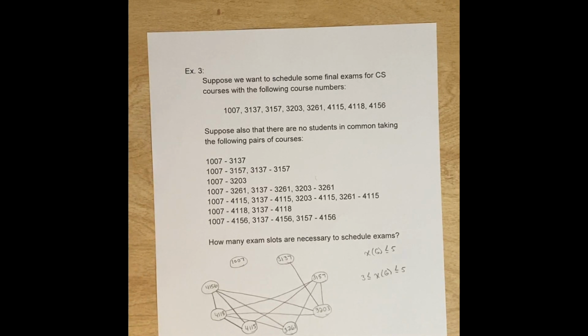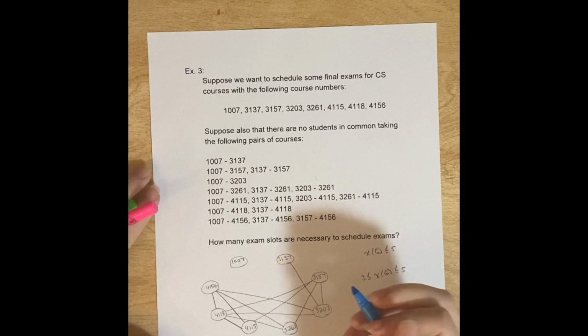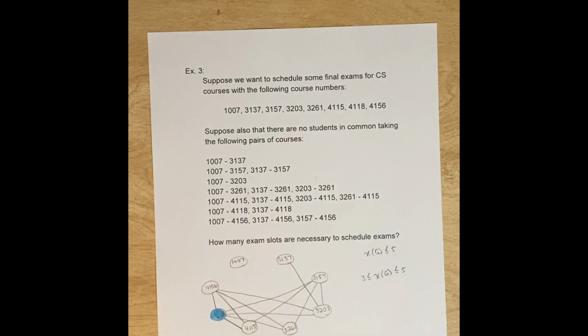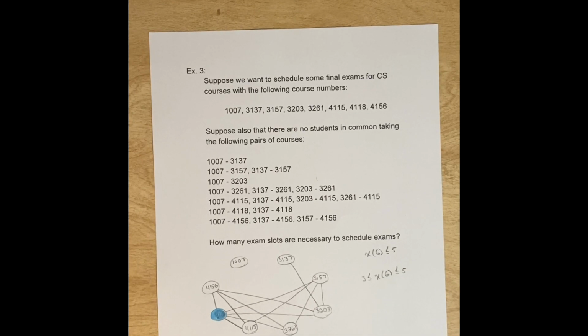Starting with the vertex of the greatest degree, we can assign that the color blue. Then from here we see that 4156, 4115, and 4118 form a clique. Therefore, the 3 of them need to each be a different color.